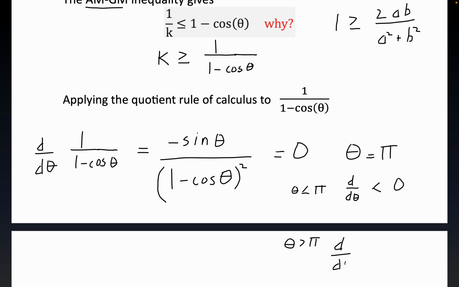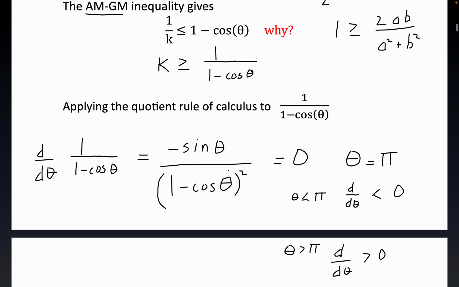You could try the second derivative test. I think it's a little harder to find the derivative in this case, but you get greater than 0, okay? So that implies that theta equals pi leads to a minimum value, which proves that k would be greater than 1/2, right?